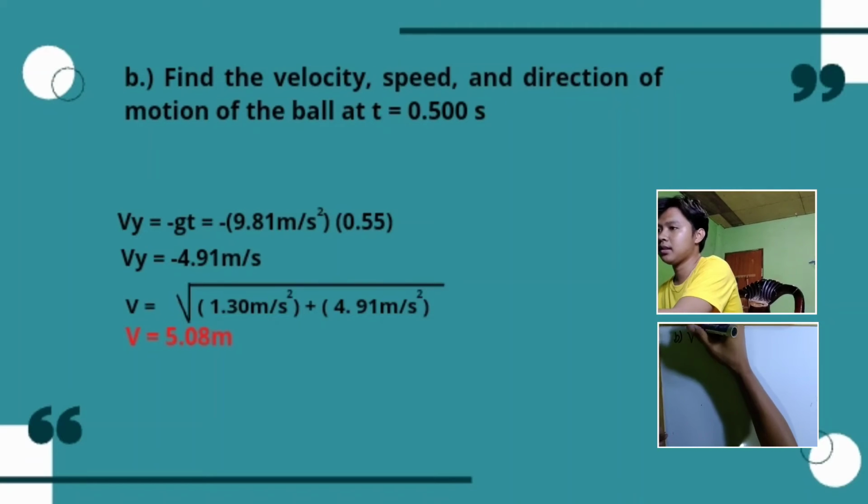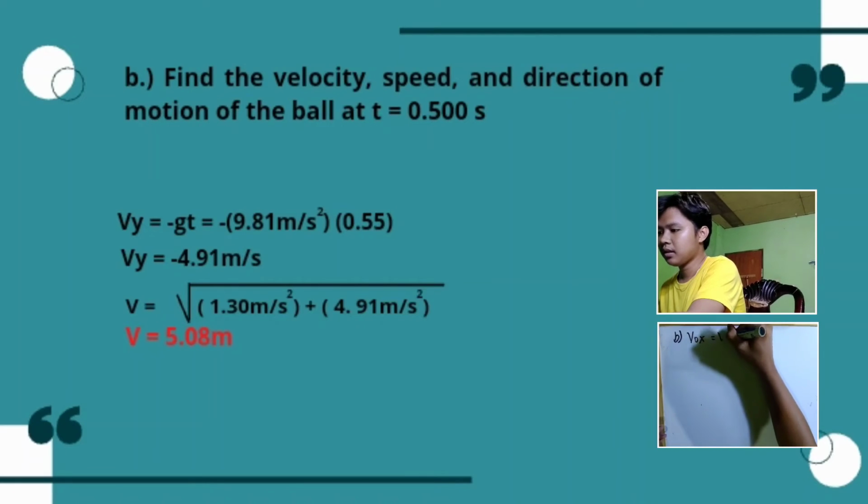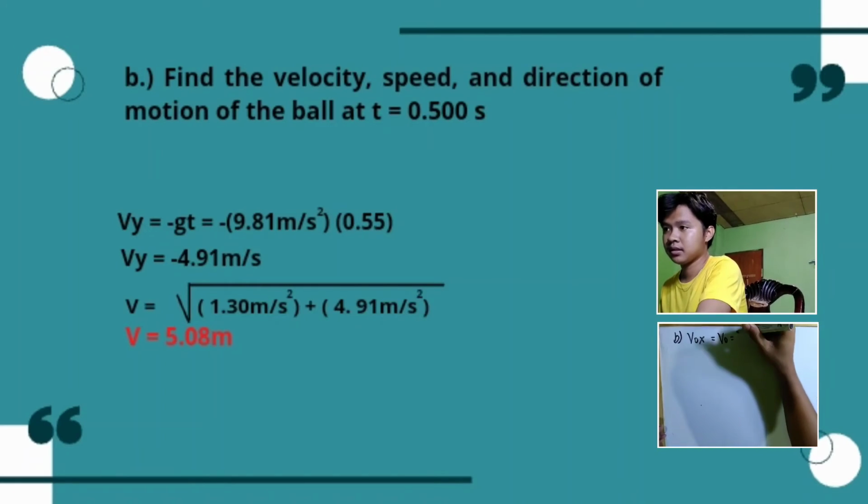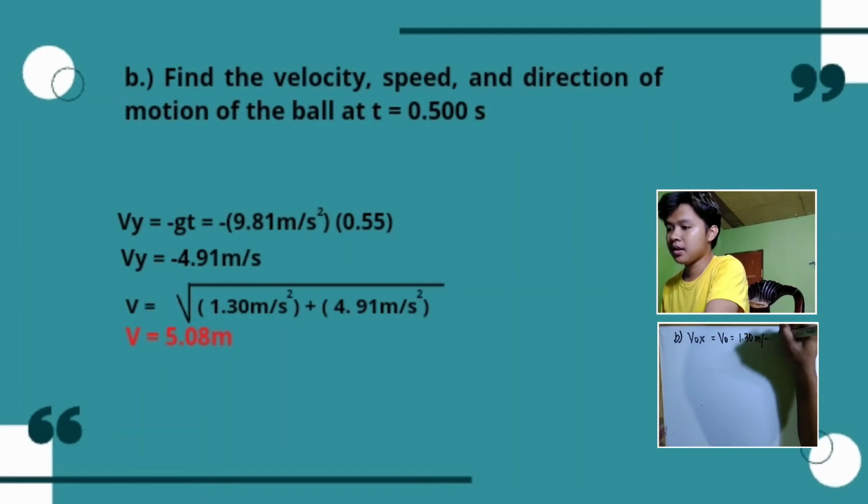So, our formula is v sub o x equals v sub o equals 1.30 meters per second.